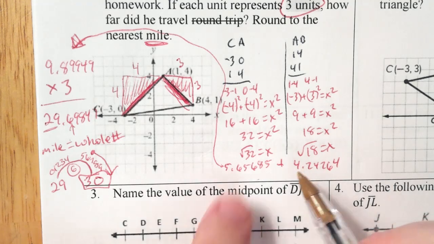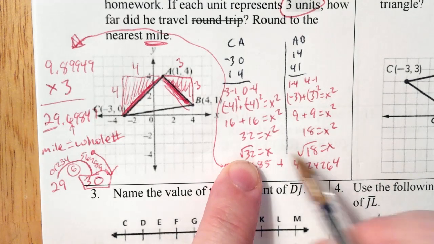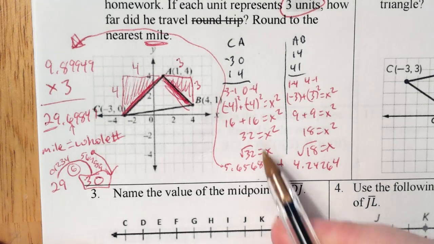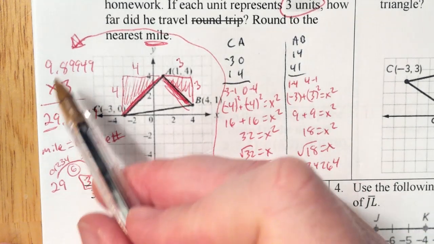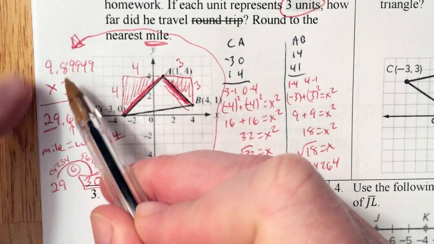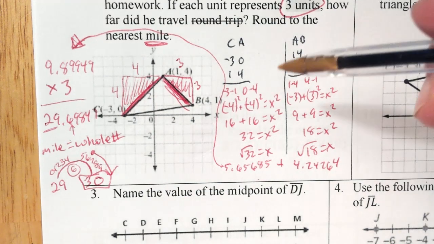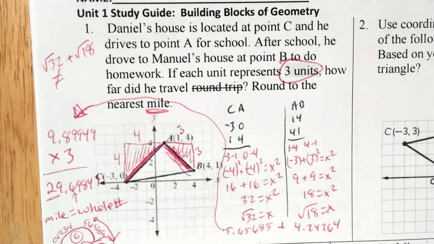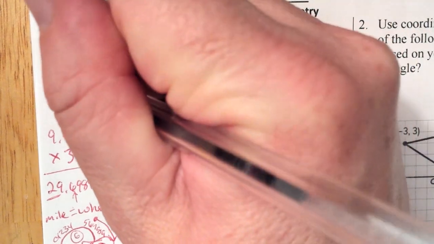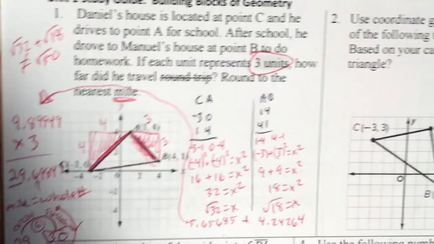Another thing you need to be aware of: you cannot add these numbers inside the radicals together. Remember, our answer was 9 point whatever before we multiply by 3. So the square root of 32 plus the square root of 18 is not equal to the square root of 50. Just pointing that out.